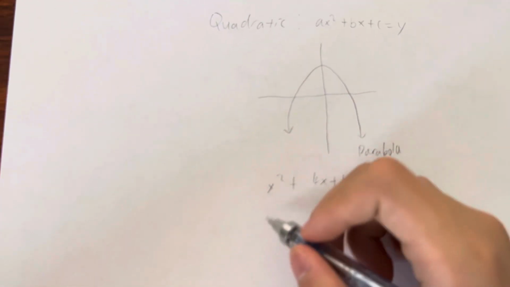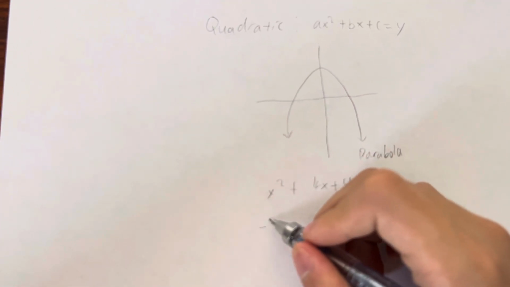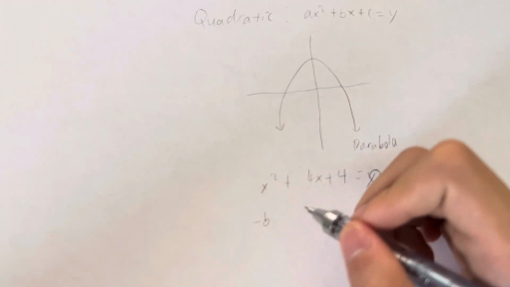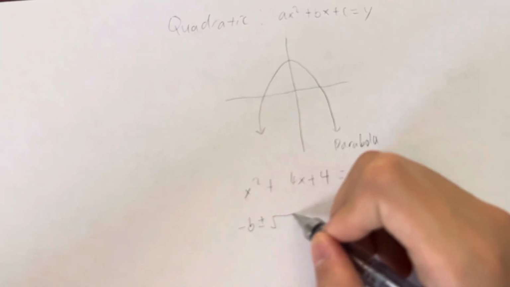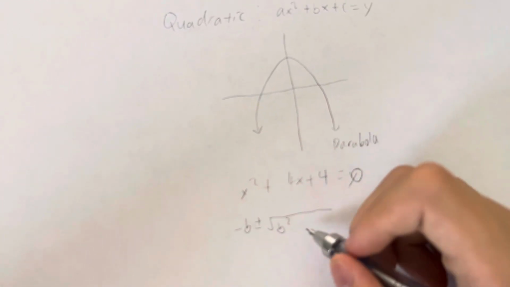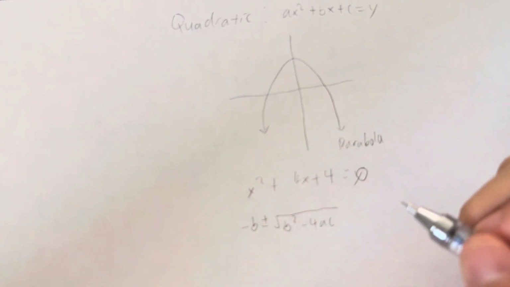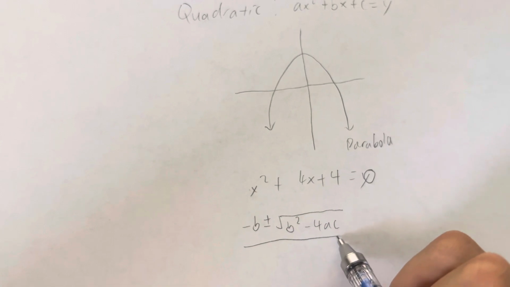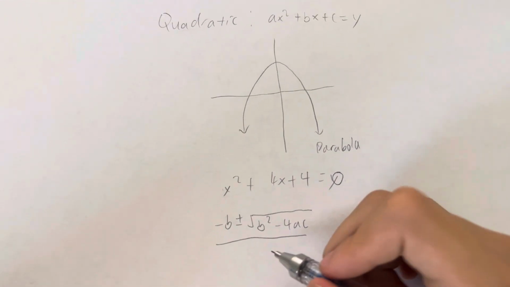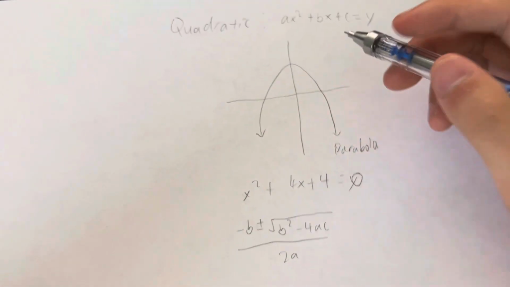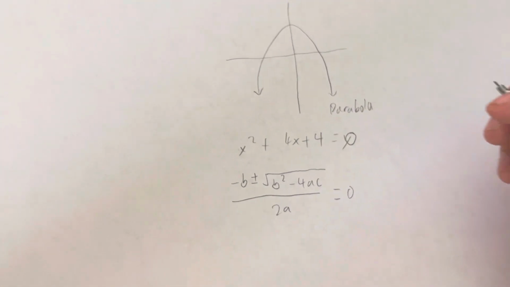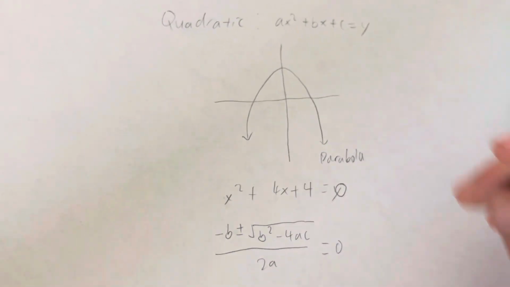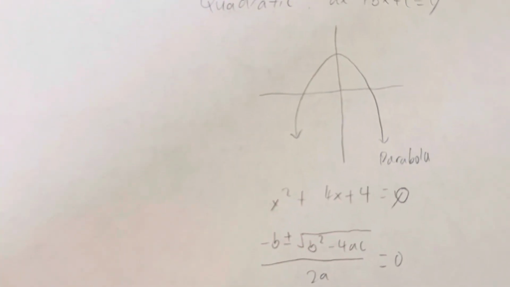You do this because you have the quadratic formula, and it goes negative b plus or minus the square root of b squared minus 4ac, over 2a. So this is where your knowledge of a, b, and c is very important.